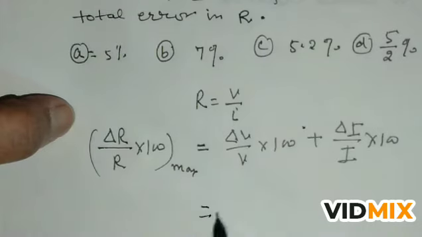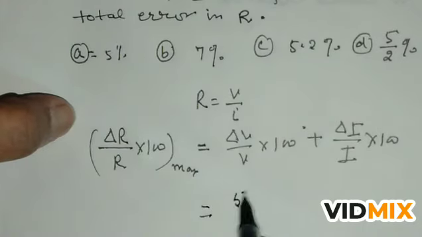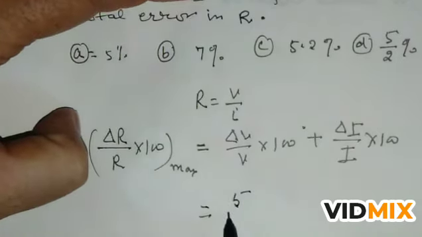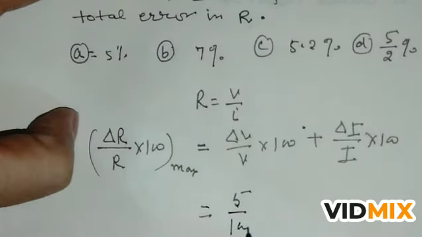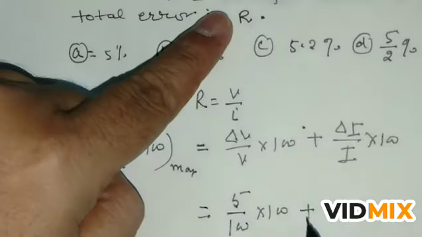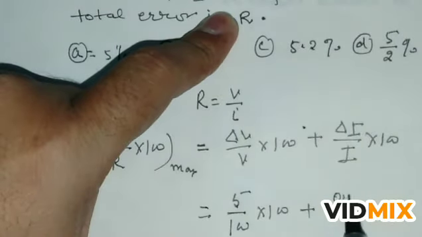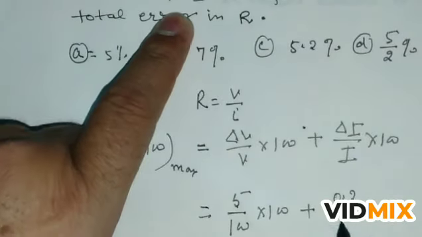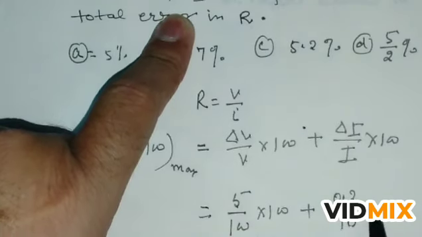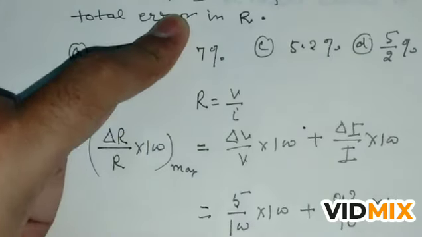Now we can put here 5 volt, and what is V? V is 100 into 100% plus what is delta I? Delta I is 0.2 upon what is I, I is 10, into 100.